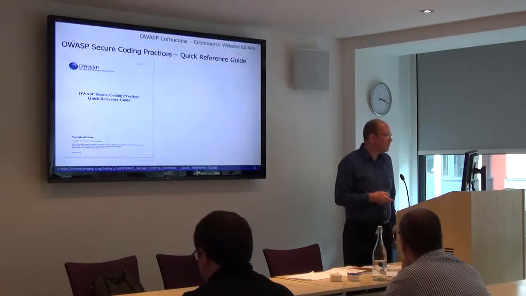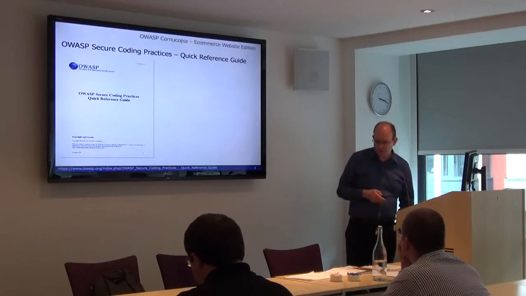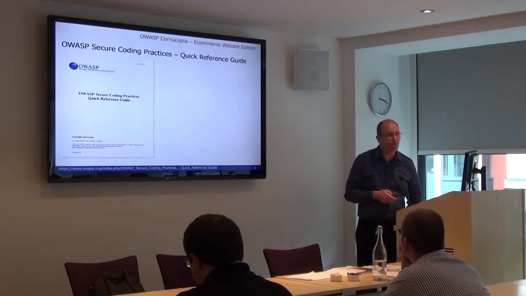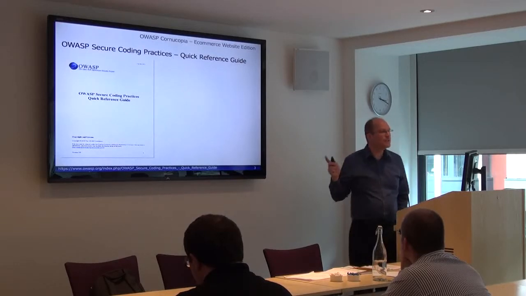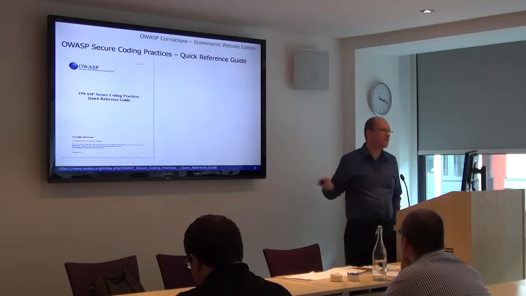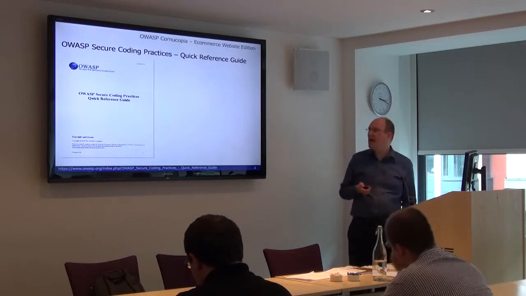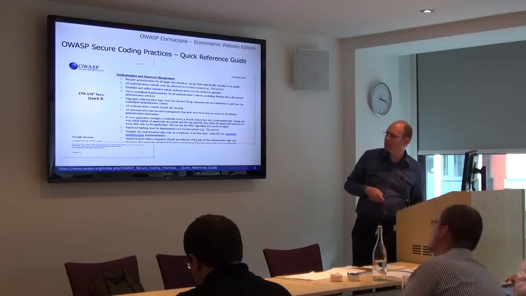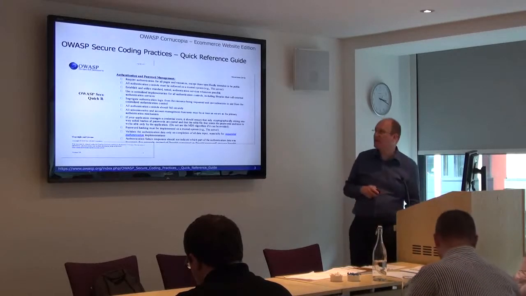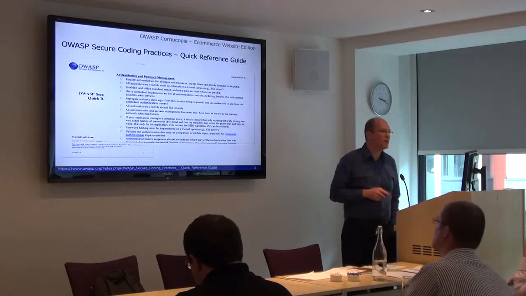The other document, which I think both Tobias and Rory mentioned, is the Secure Coding Practices Reference Guide, which isn't actually about coding practices, it's a list of security requirements. Here's an example, some of the checkbox items for authentication and password management.